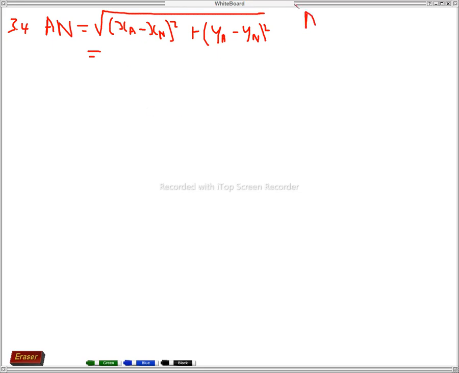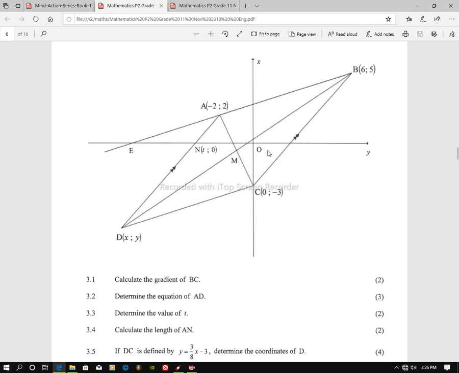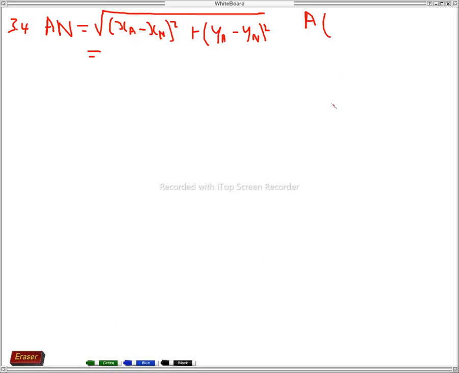For A, if I remember, it was (-2, 2). That's why I needed the copy. For N, we calculated the value of t, which was -7/2, so N is (-7/2, 0). Let's substitute everything here and finish up.